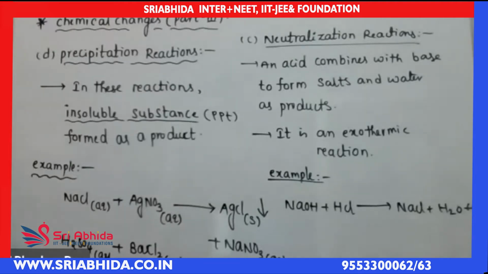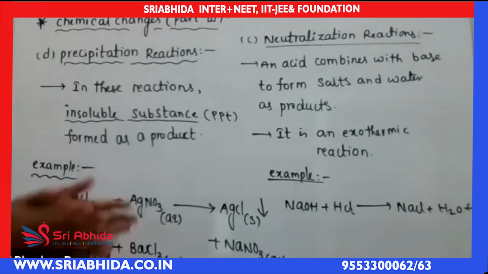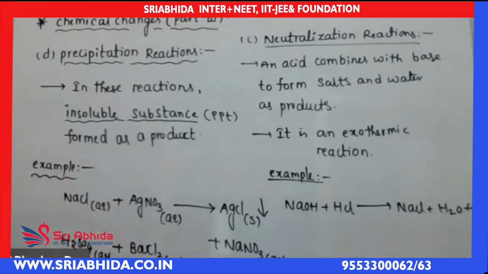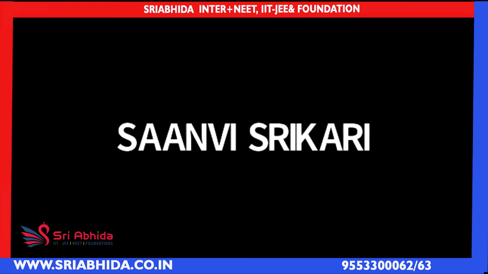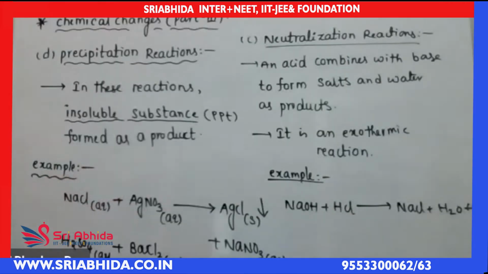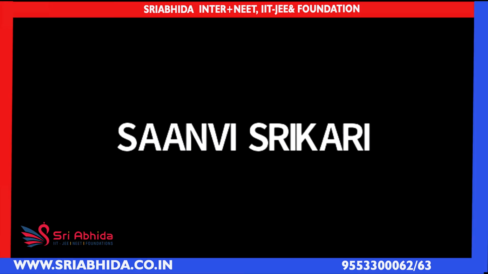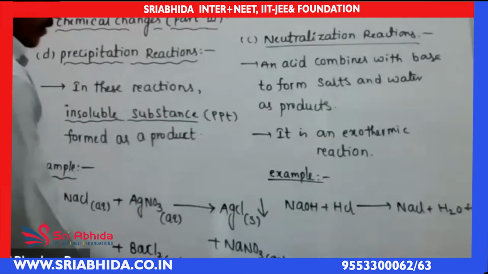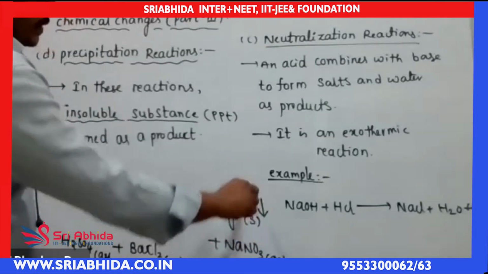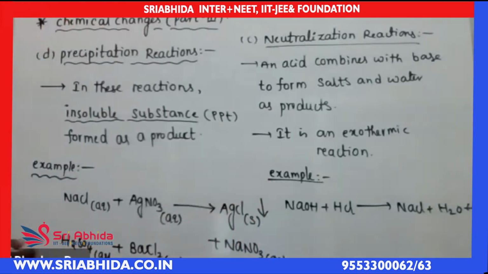SO4 is minus 2. So both are neutralized. So BaSO4 plus 2 HCl, balance it. BaSO4 is the PPT in this reaction, a solid, and it is represented by the downward arrow.